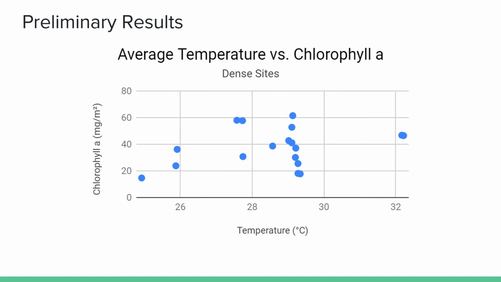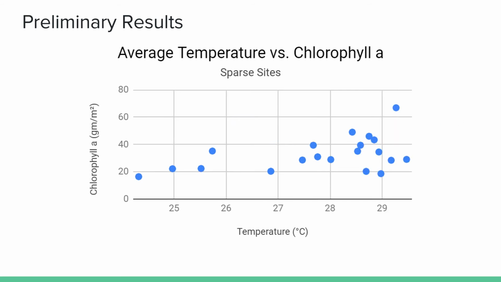I tried separating the data out into the different seagrass density categories. So here's the data for the dense sites. As you can see, there is a bit of an increasing trend between chlorophyll A and temperature, but the data is still pretty variable and it is hard to tell for sure.